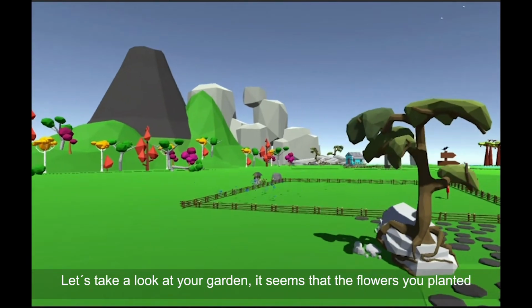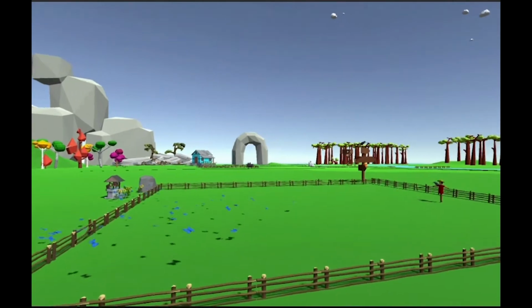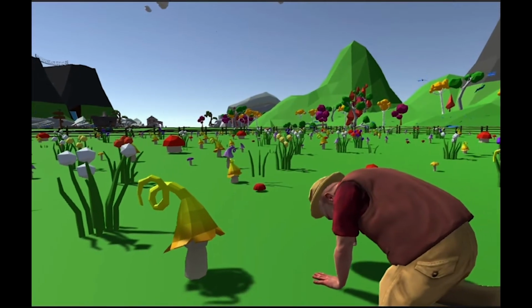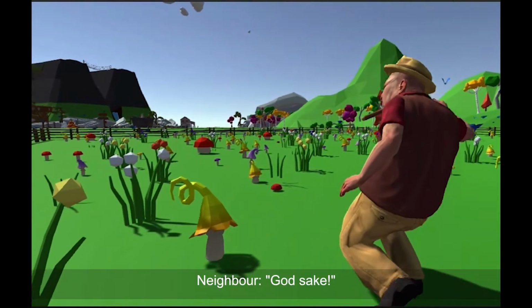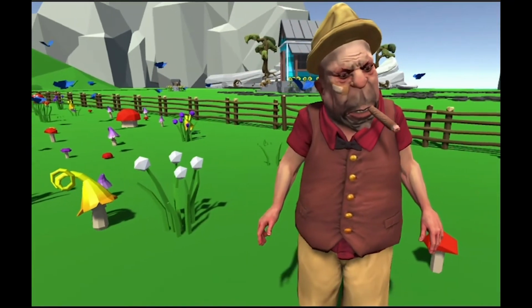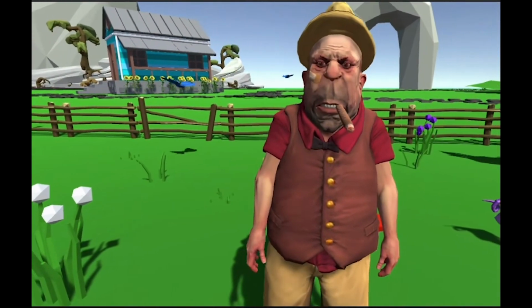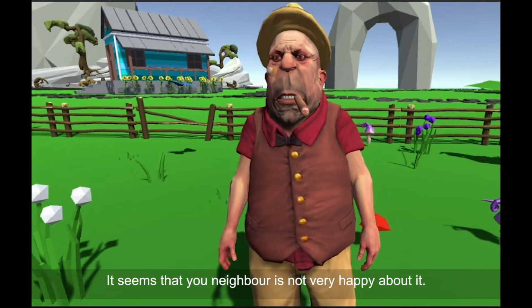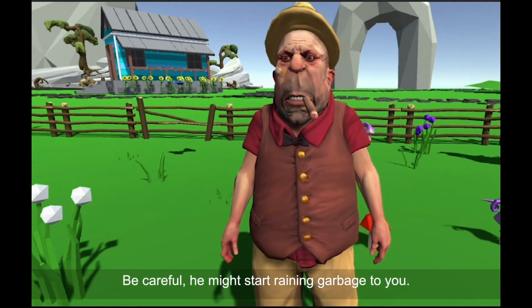It seems that the flowers you planted will start to sprout soon. It seems that your neighbor is not very happy about it. Be careful, it might start raining garbage on you.